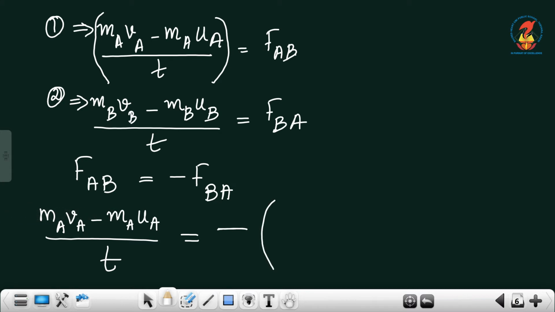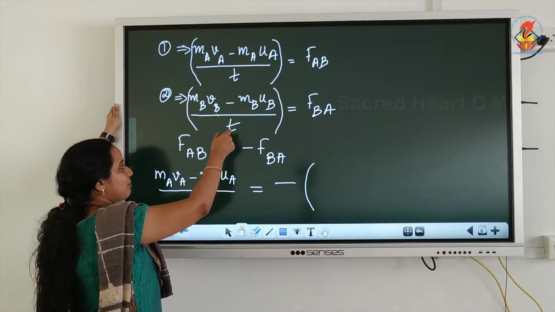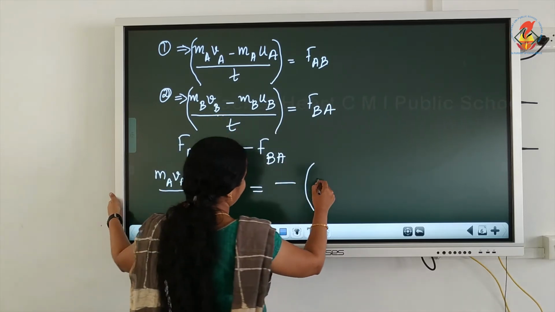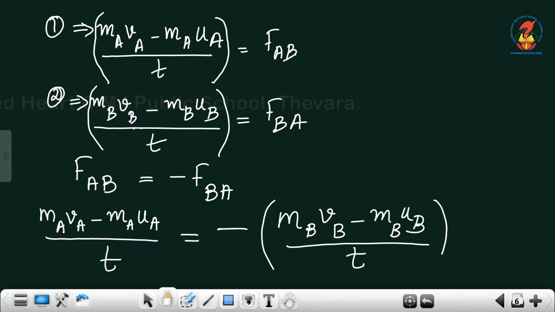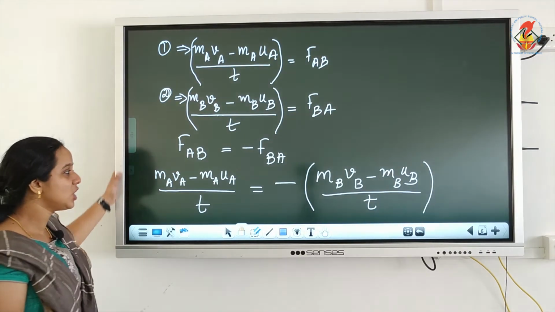Instead of FBA, I can go for its other side, because FBA is equal to MBVB minus MBUB by T. So instead of FBA, let us substitute its equation, that is MBVB minus MBUB by T. I just substituted the equations for FAB and FBA from equation 1 and equation 2.